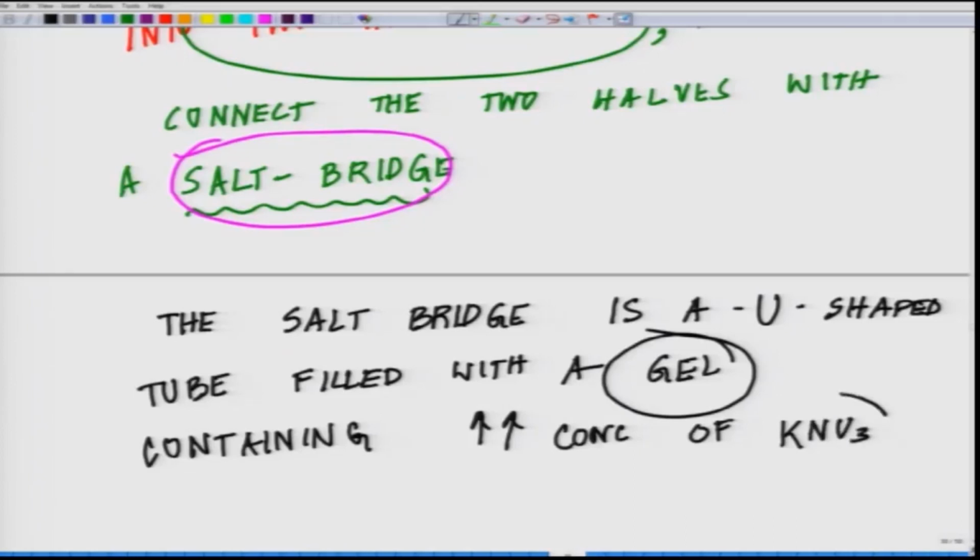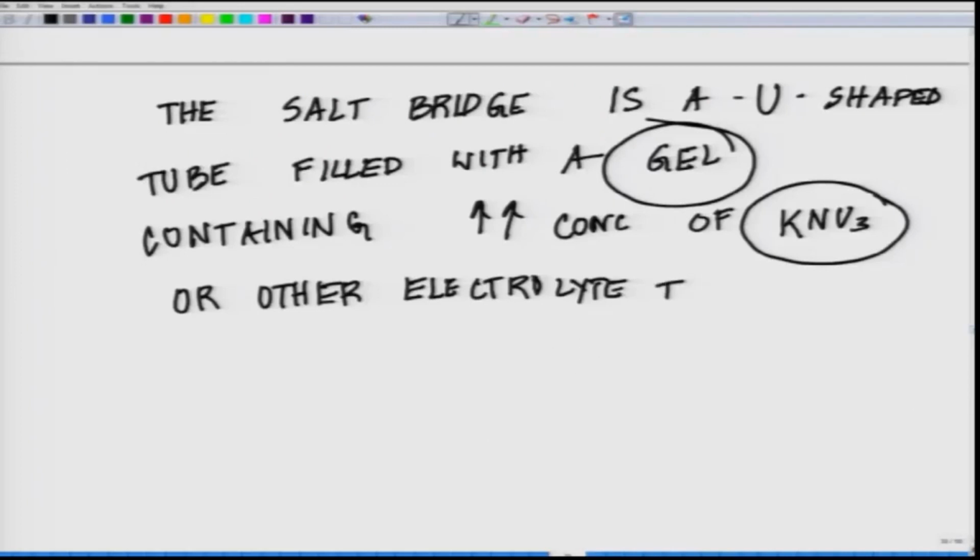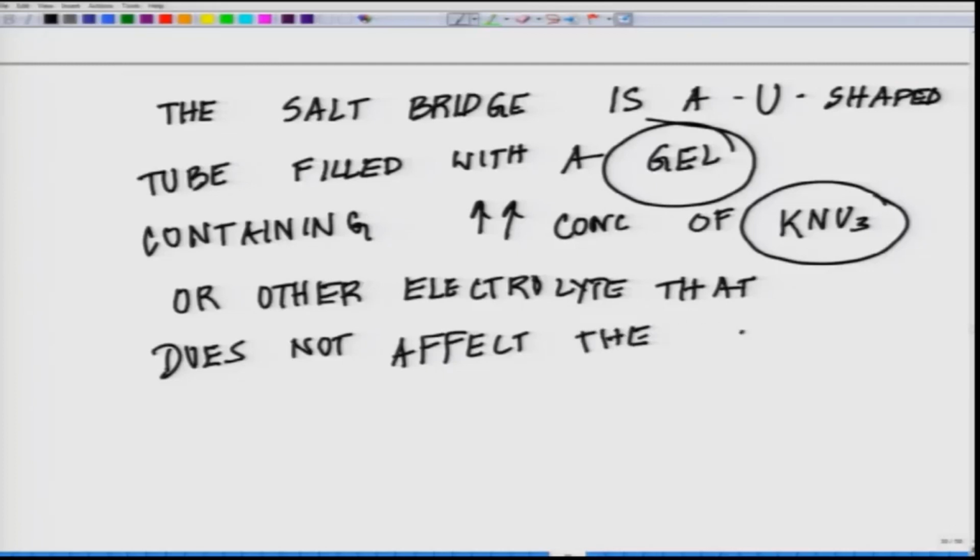Mind it, this will change according to the cell type: KNO3 or another electrolyte that does not affect the cell reactants or the cell reaction.